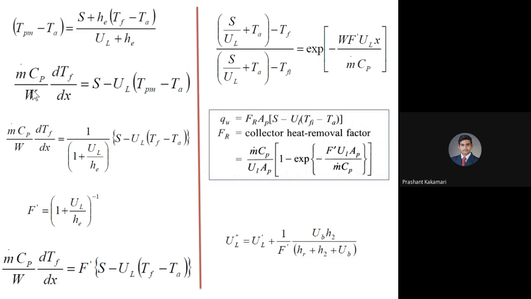Now we are going to write the useful heat gain equation. So finally we need to achieve the useful heat gain equation.